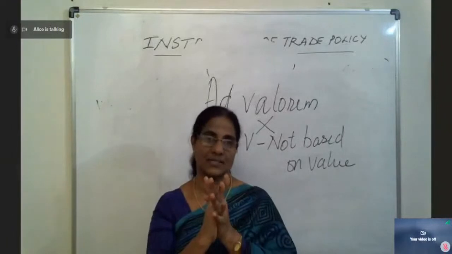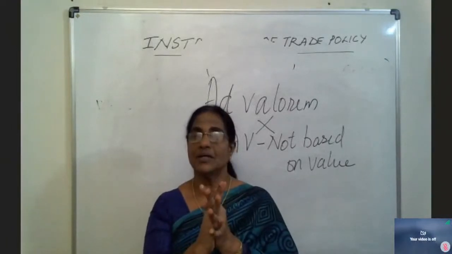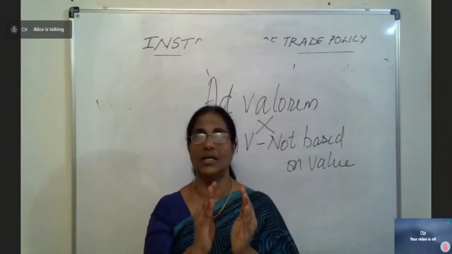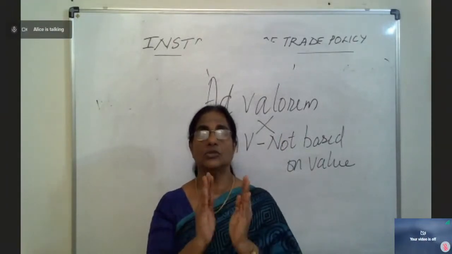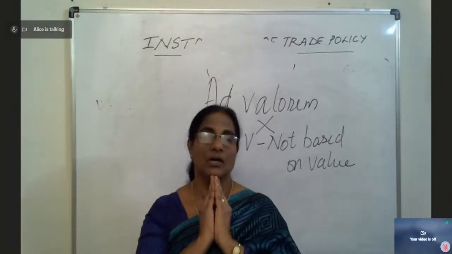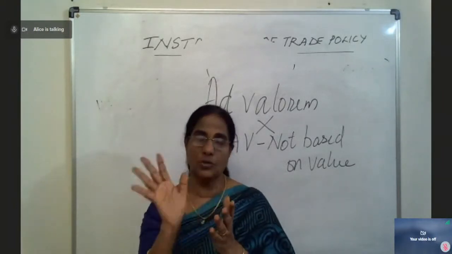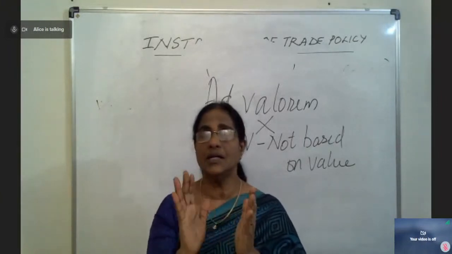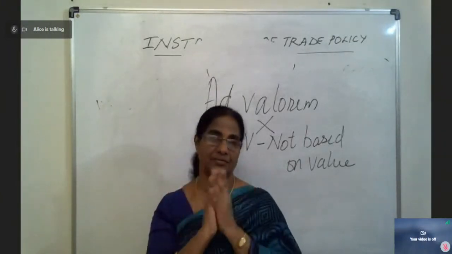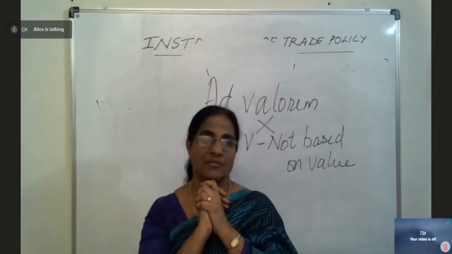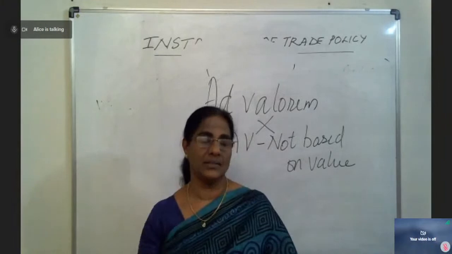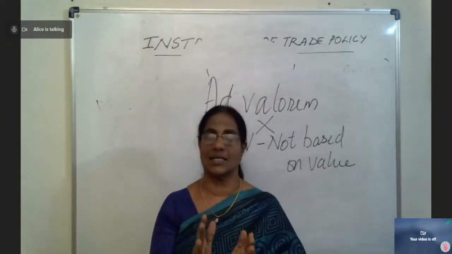So, one big dog motorbike coming to India, to make the numbers very simple, you charge 10 lakh as tariff. The price is 50 lakhs. When it crosses the border into India, 10 lakh tariff, so it makes 60 lakhs in India.